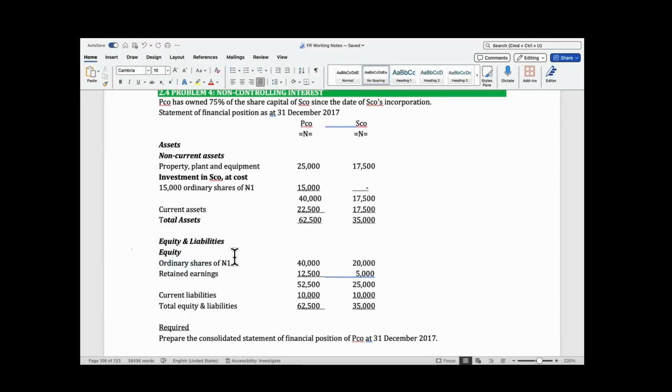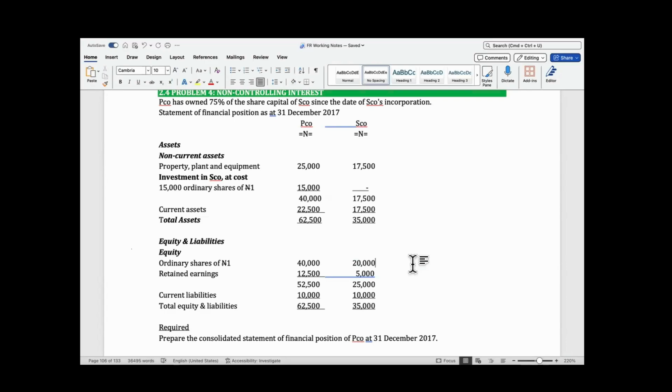So does that mean that our share capital is now 40,000 plus 5? No. And the reason is this. When you say share capital, it means the ownership interest of the owners of that company.